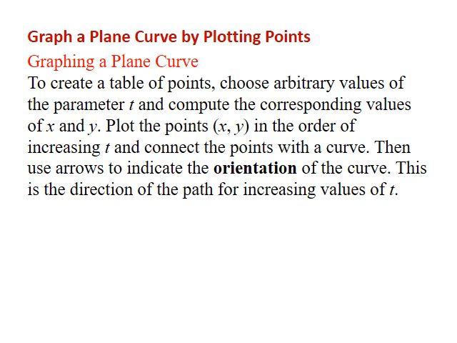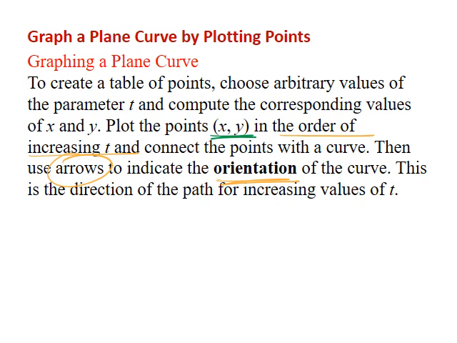So when we graph the plane curve, basically what we're going to do is just plot ordered pairs, but they're going to be plotted in order of an increasing value of t. And then we're going to sketch in some arrows that indicate the orientation or the direction in which this graph takes.